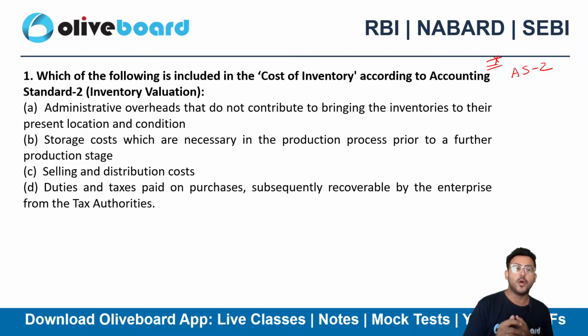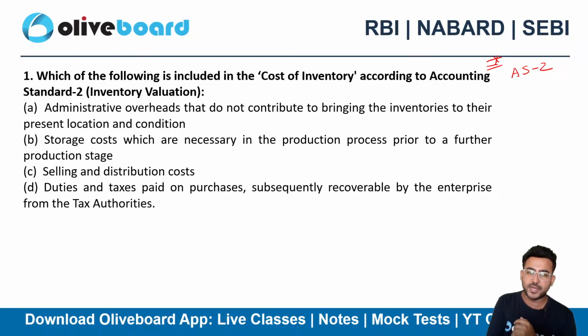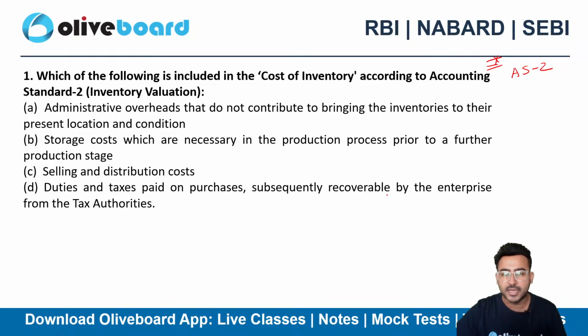Option B: storage costs which are necessary in the production process prior to a further production stage. Option C: selling and distribution expense. Option D: duties and taxes paid on purchases subsequently recoverable by the enterprise from tax authorities. We need to identify the element which will be included in the cost of inventory valuation.